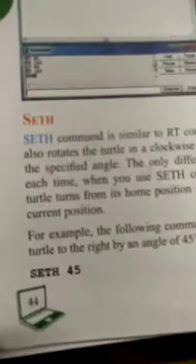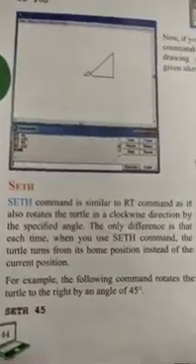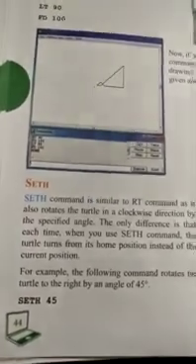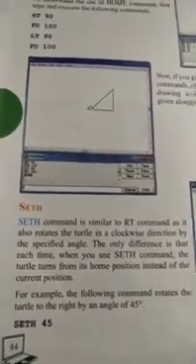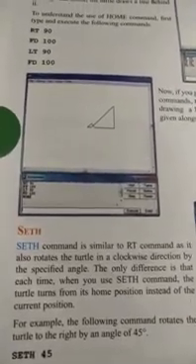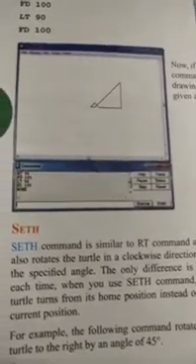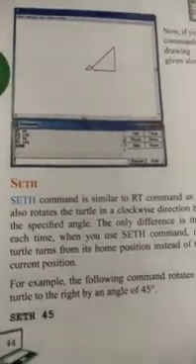Set command. Set command is similar to the RT command as it also rotates the turtle in a clockwise direction by the specified angle. The only difference is that each time we use the set command, the turtle turns from its home position instead of the current position.